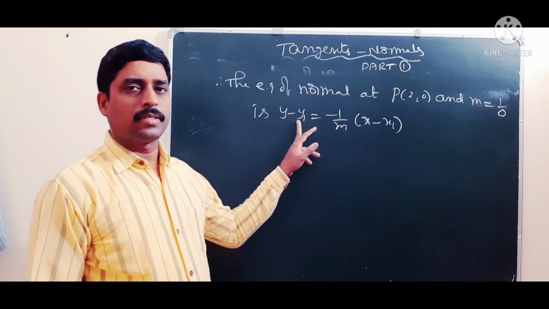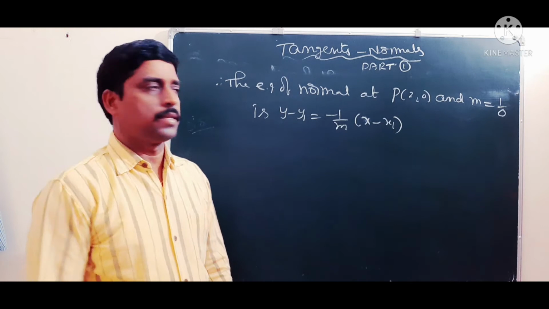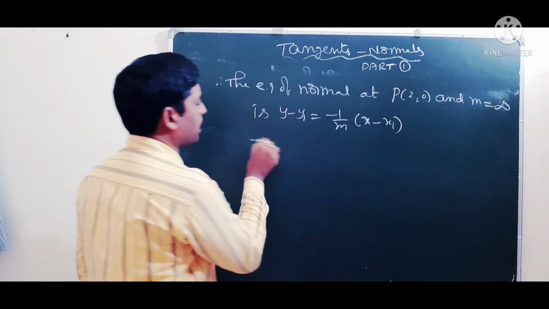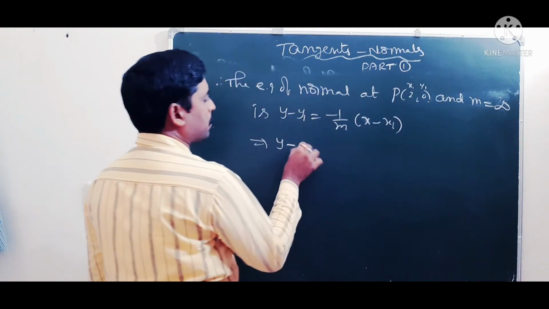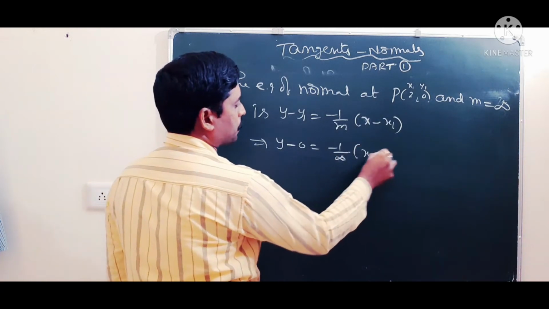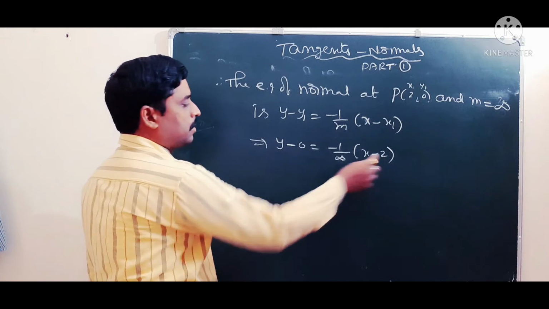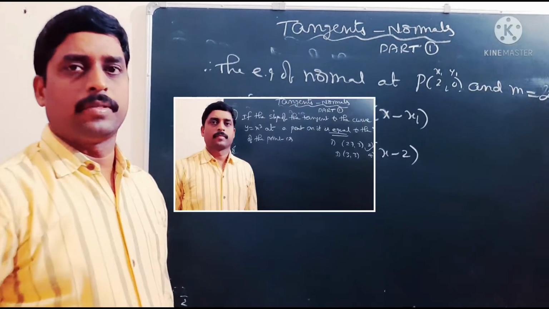In this formula, substitute (2, 0) in the (x1, y1) place and 1 by 0 in the m place. 1 by 0 means this is infinity. So y minus 0 is equal to minus 1 by m value infinity into (x minus 2). Okay. So 1 by infinity value is 0. 0 into anything is 0. So the answer is y equals 0.